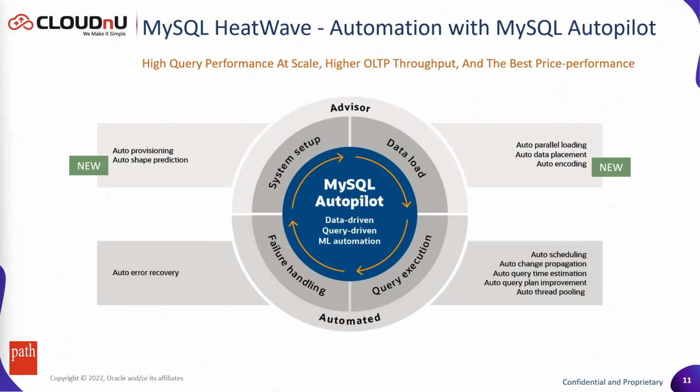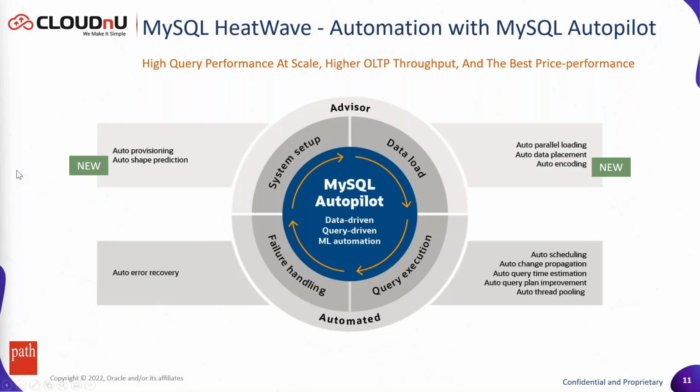You turn on your HeatWave cluster, but you are not sure how many nodes you need. You would use MySQL Autopilot to help you. It's a UI. You go in, you say, here, my data is in your database. Tell me how many nodes I need in order to create this cluster. And it does that for you.